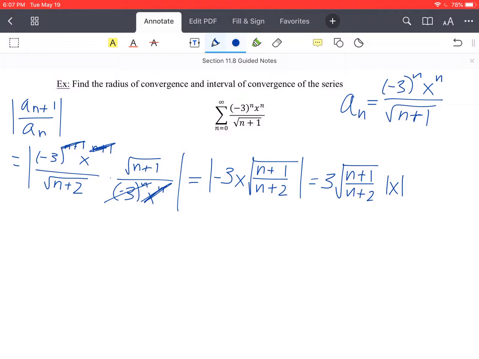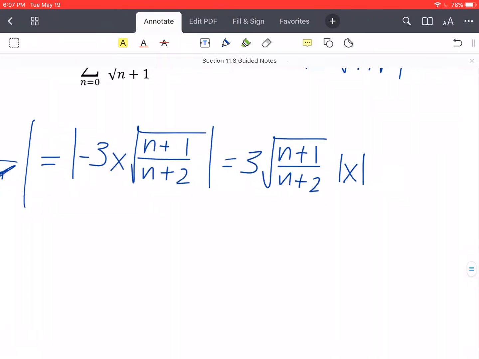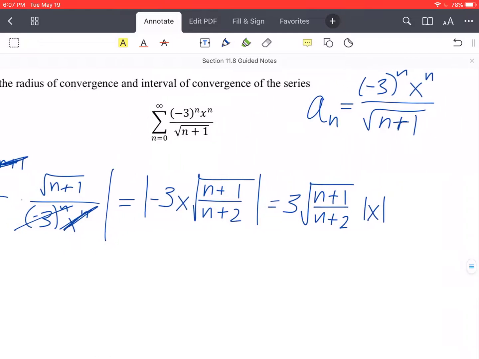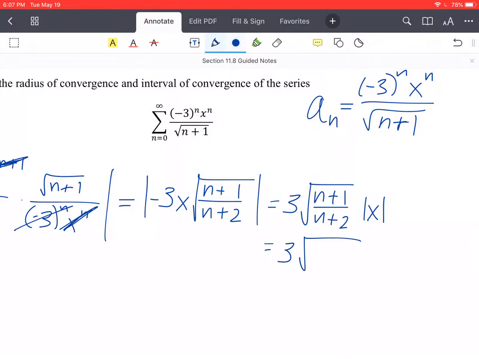Okay. And then let's rewrite the value in the square root. So multiply by 1 over n to top and bottom. So that's 1 plus 1 over n over 1 plus 2 over n times absolute value of x.